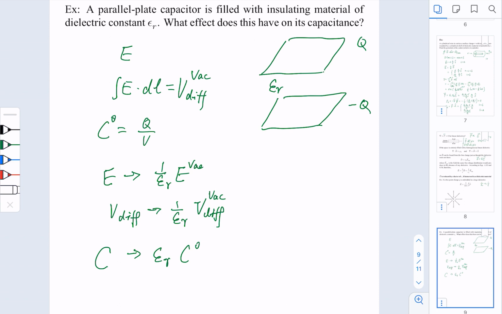The relative permittivity of air is very close to the vacuum, so you have to find some specially designed material, and if you find the correct material, you can increase your capacitance by a factor of 100 or even more.